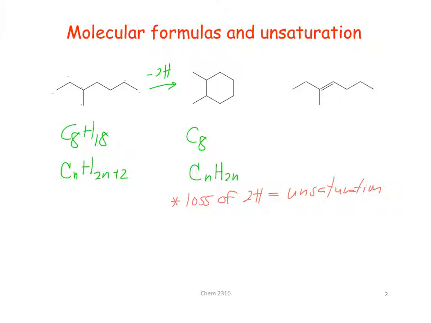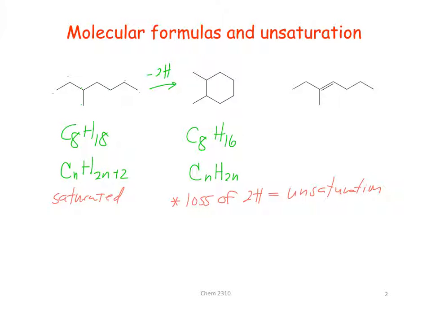Okay, so if we have an unsaturation, it means that we have less than the maximum number of hydrogens that we could for that number of carbons. So a saturated compound like this one over here, we have the maximum number of hydrogens. Alright, so we fill this in, we'd have H16. Alright, so what if we have an alkene instead of a cycloalkane?